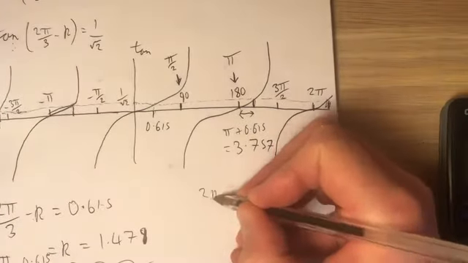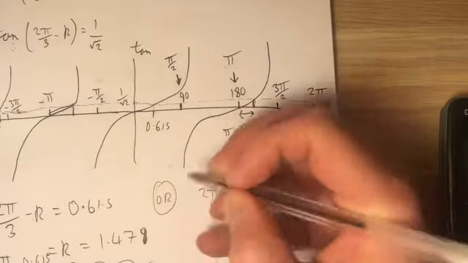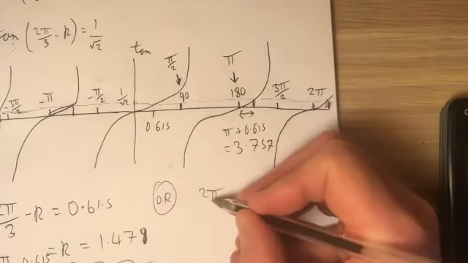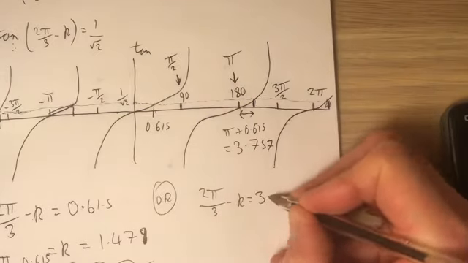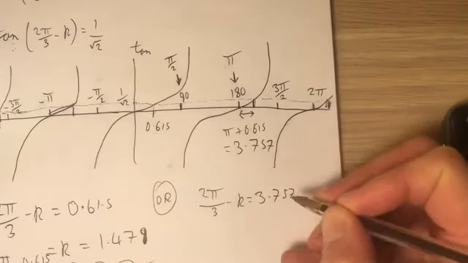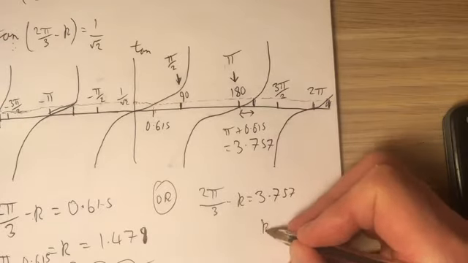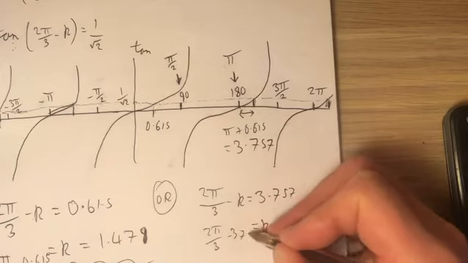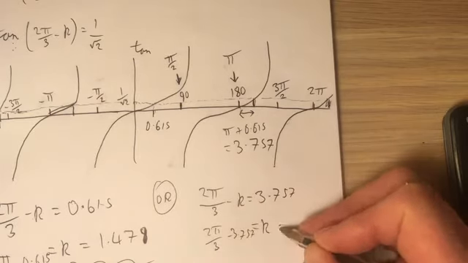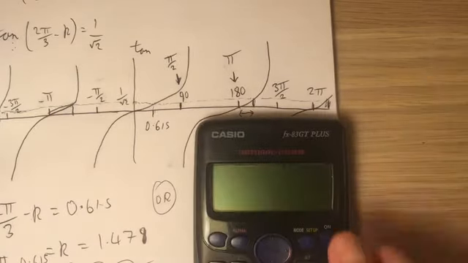That is 2 pi over 3 minus k, which could equal 3.757. So k would be 2 pi over 3 minus 3.757, which would equal what? Let's find out.